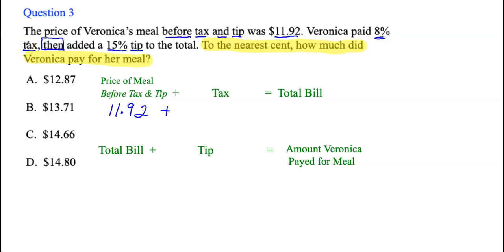So here's how I translate that. I need to take 8% of the price of the meal, which is this. 8% of this amount, $11.92. Of in mathematics for this problem implies multiplication. So I'll change this to a times sign.